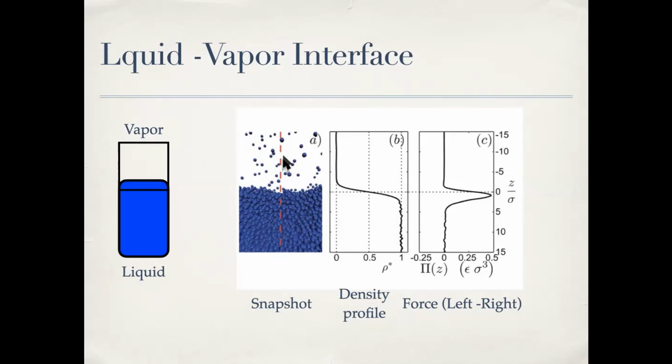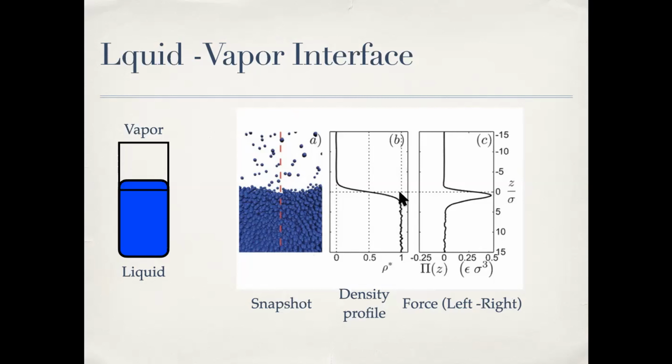So if I plot the density of a liquid, this is the direction of z, then I have a density which I can always make equal to 1, and it is more or less constant. And then we are approaching the surface, and the density all of a sudden drops.